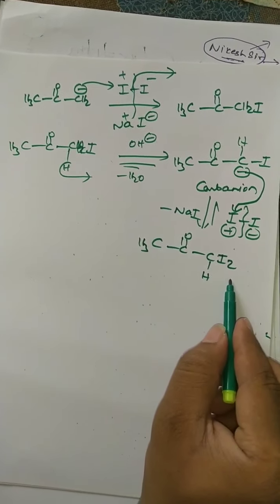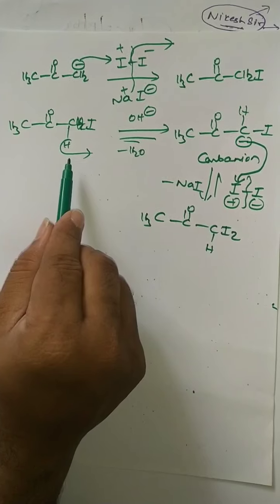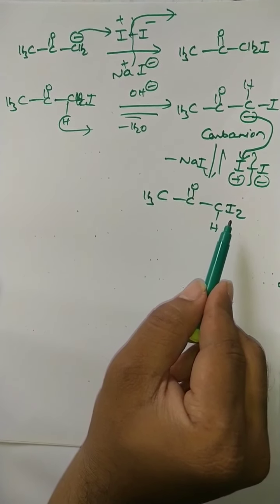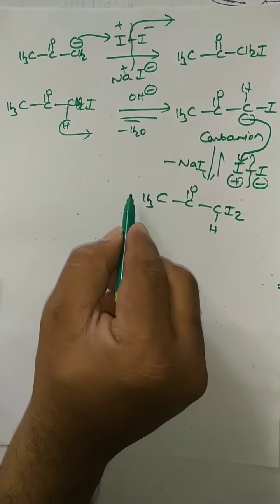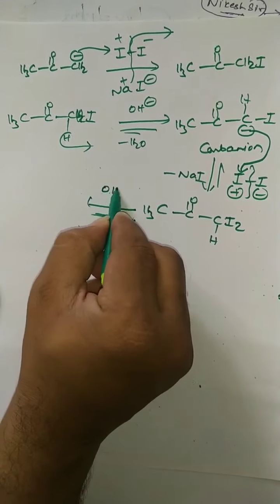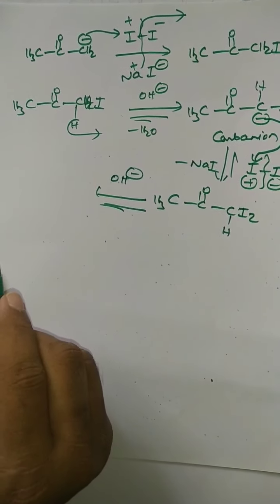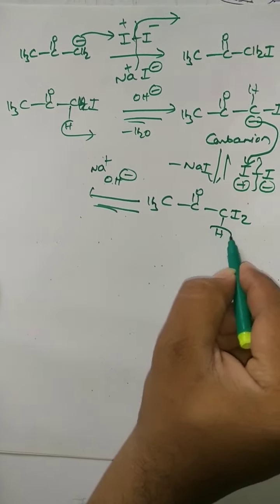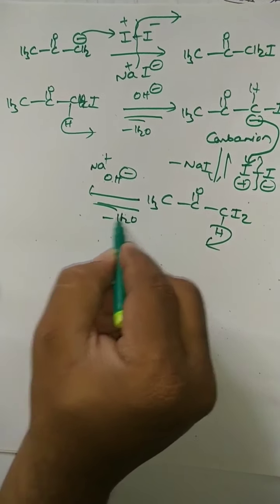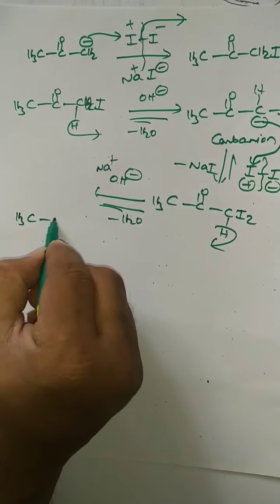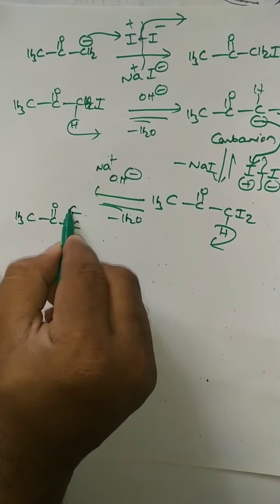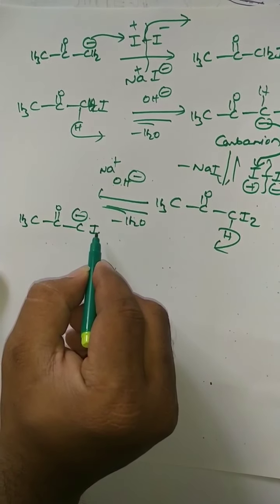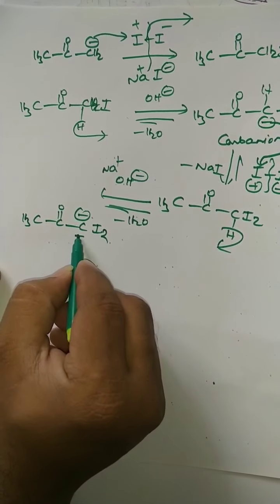So 2 halogens. Now total 3 alpha hydrogens. Out of 3 alpha hydrogens, 2 alpha hydrogens are replaced by 2 iodine atoms. Again it interacts with base because 3 moles of NaOH we have taken in the reaction. So here Na plus OH minus. This OH minus again abstracts this, so a water molecule is eliminated. Finally what you will get? CH3 C double bond O, CI2 minus, right?